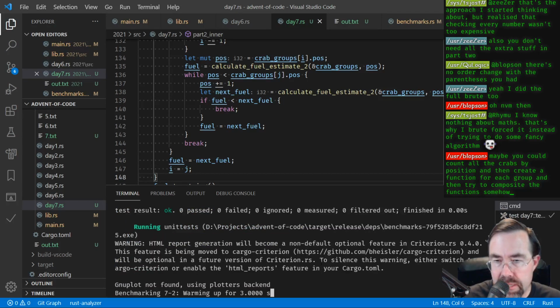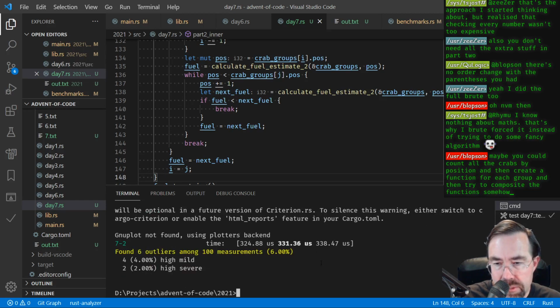They got it to sub-millisecond. Let's just call it and call it a day, right? I thought it would be much slower. 331 microseconds. Okay, it's not so bad. I honestly thought it would be like 100 milliseconds or something, but it's not even 1 millisecond.